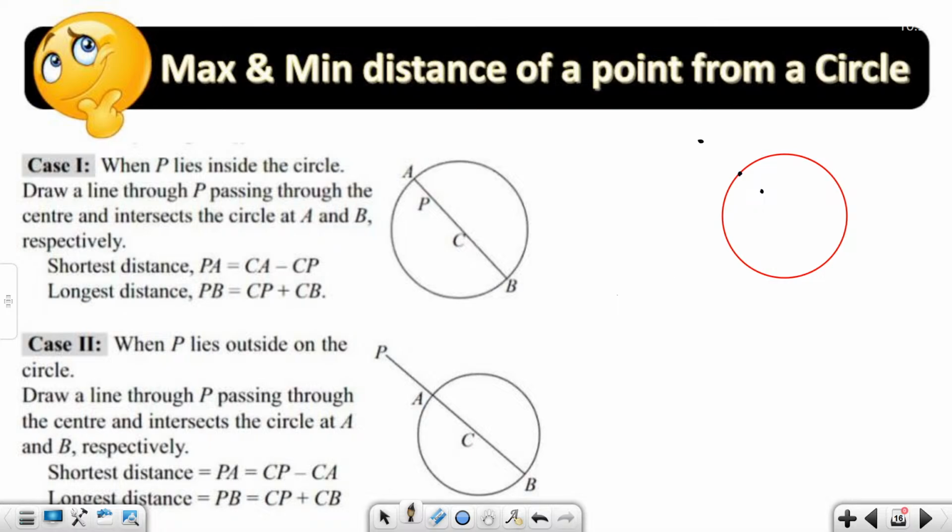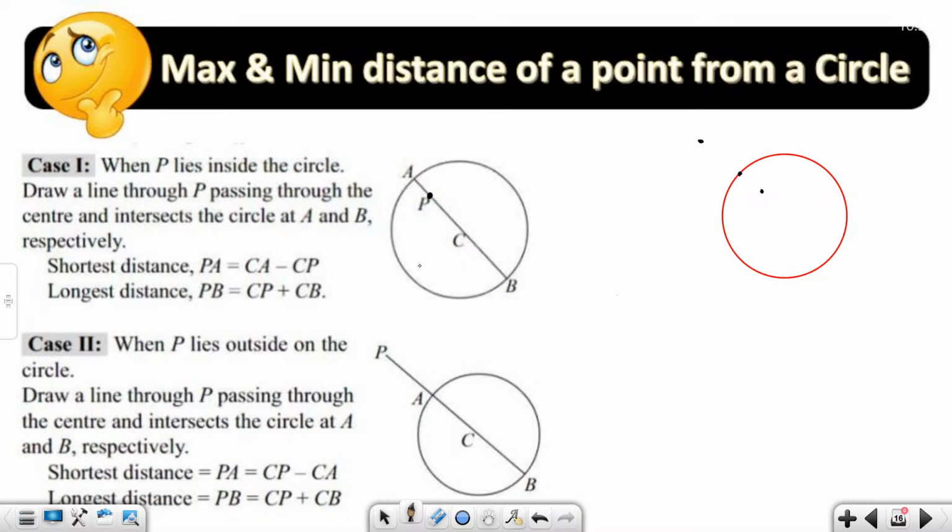Is it clear to all? So here I have considered 3 cases. The first case is that the point P is inside the circle. Now we have to find out the maximum and minimum distance of this point from this circle.